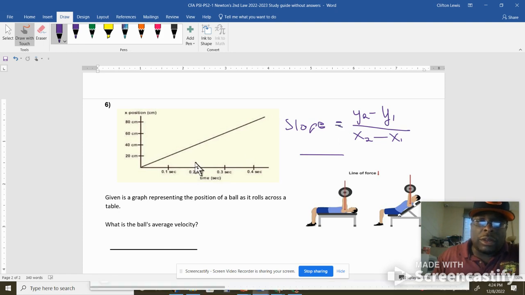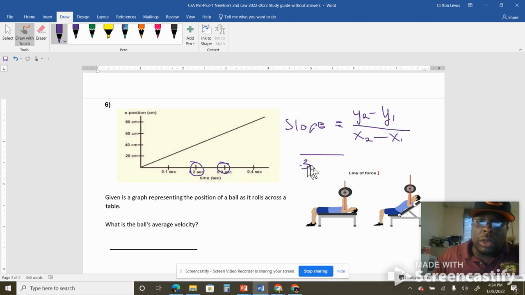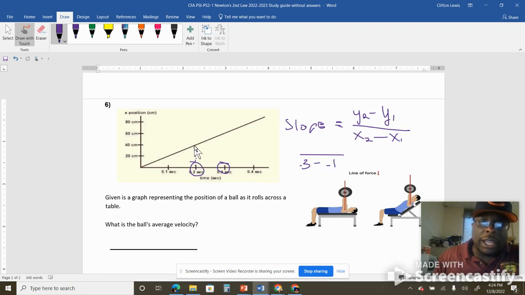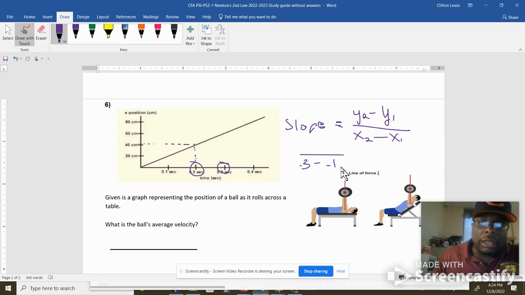I want to use these two points, I like the ones in the middle. It just looks so convenient to use those, right? So I have my x2 be the first one out, 0.3 minus 0.1. Then dot, dot, hit that line, then go over. Oops, that's a y2 right there, I need to erase that.